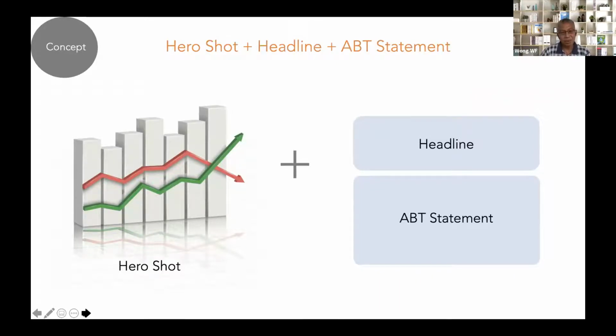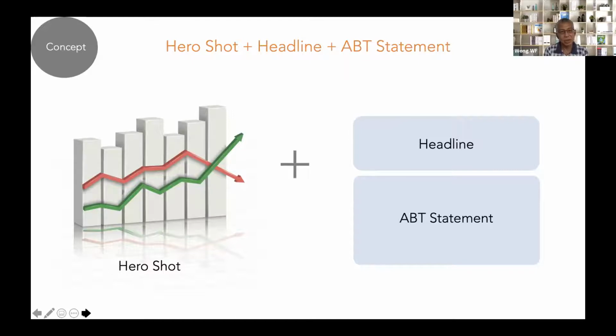Of course, it's not that they're not important, but if you want to choose a hero shot, very likely it's the one right in the middle. So a hero shot is something that explains the most part of the story. It's the hero.